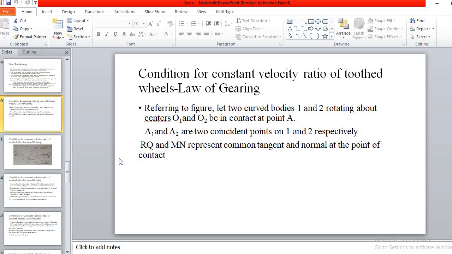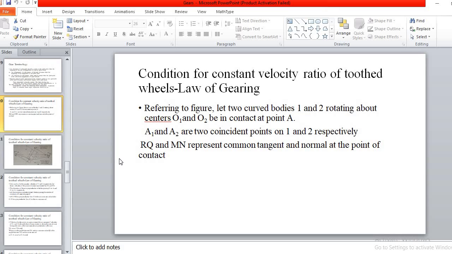Velocity ratio is written in short form as VR. VR is equal to omega 2 by omega 1, where omega 2 denotes the angular velocity of the driven wheel and omega 1 is the angular velocity of the driver wheel.